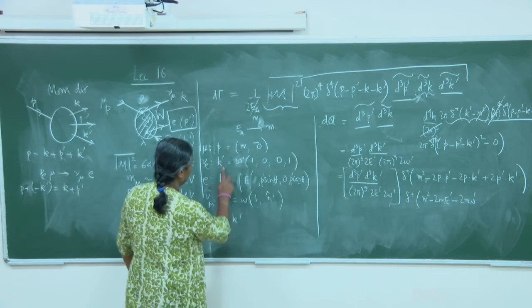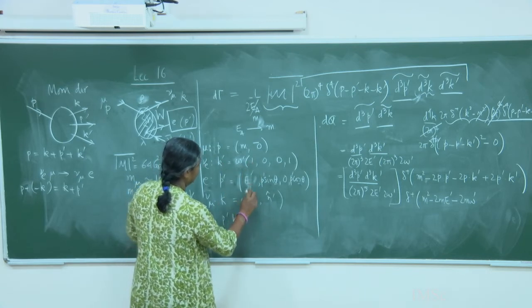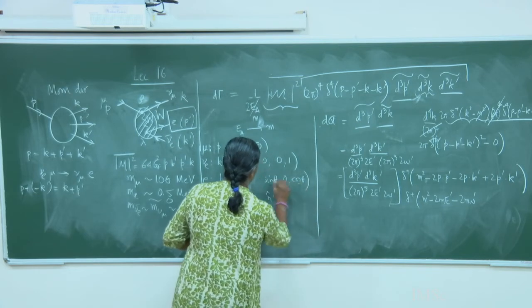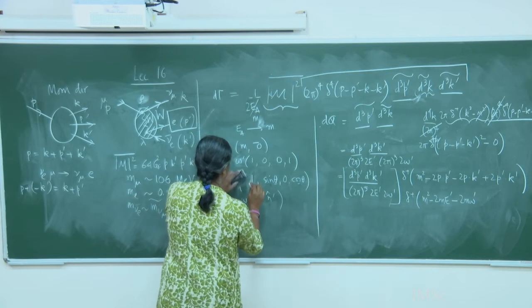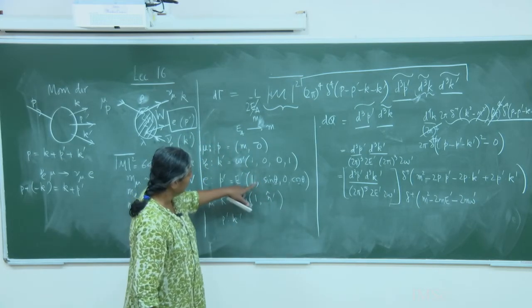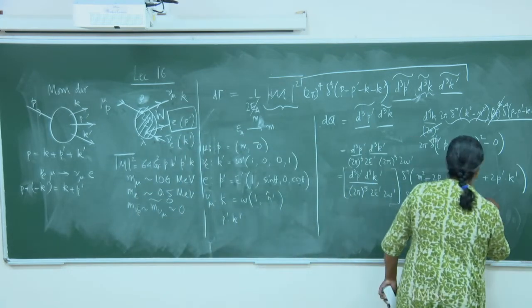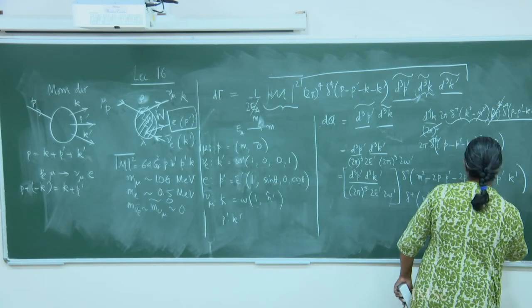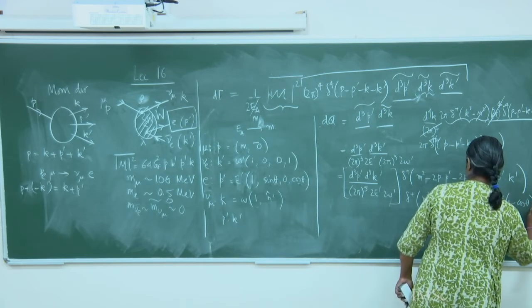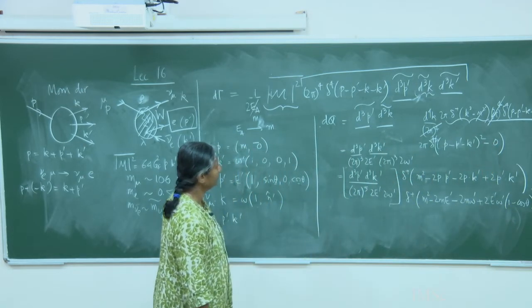So p′·k′ has two terms. Okay, let's not confuse ourselves. It has 1 into 1 minus 1 into cos θ, right? So this will be plus 2E′ω′(1 − cos θ). Is it okay?